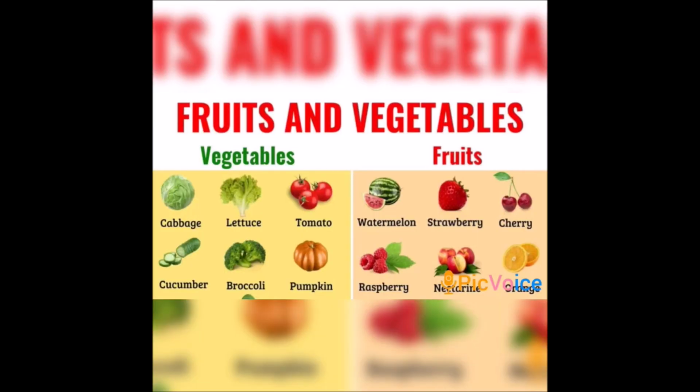Next, fruits and vegetables. Plants give us fruits such as watermelon, strawberry, cherry, raspberry, mango, orange, apple, pineapple, jackfruit, and many more. These provide vitamins and minerals to us, and also vegetables. What are the vegetables?